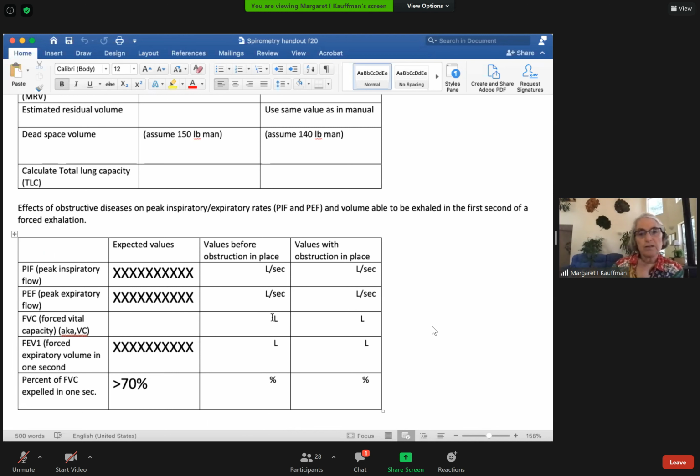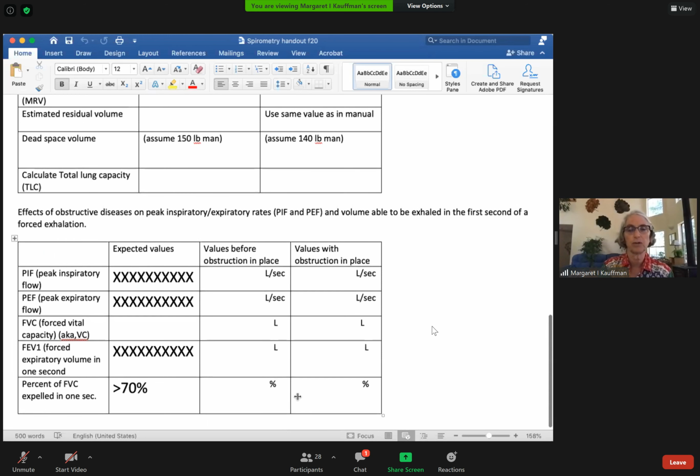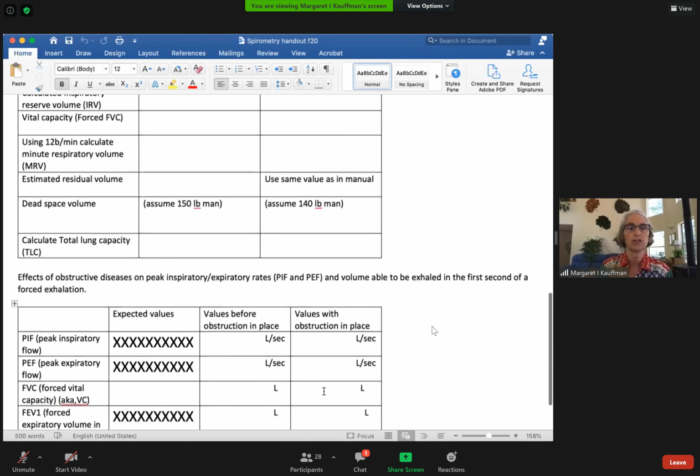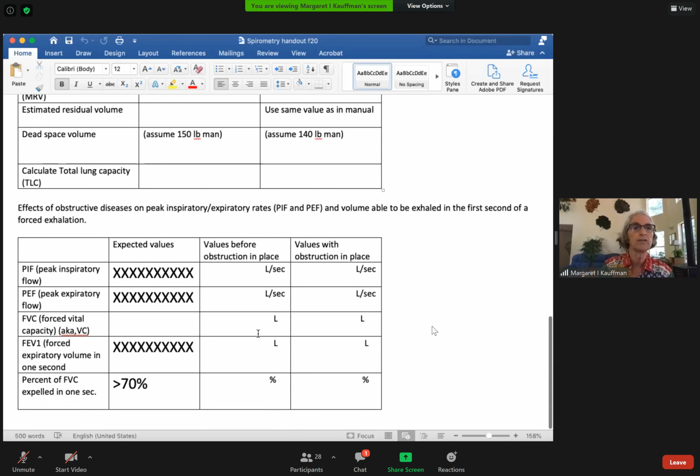Since he has this data here, go ahead and fill it out. There's a table at the end of his video which shows all the data. It's nice not to skip to the end of the video because you get a sense of how he got to that data. Then you get to write down his normal, and then the effect of the obstruction. Okay, so that's what you're going to be doing.